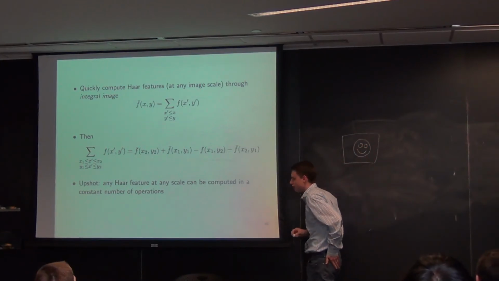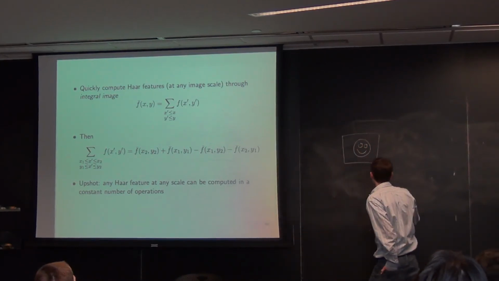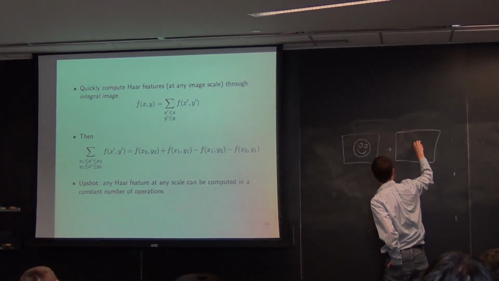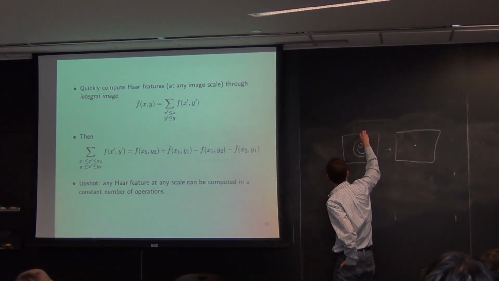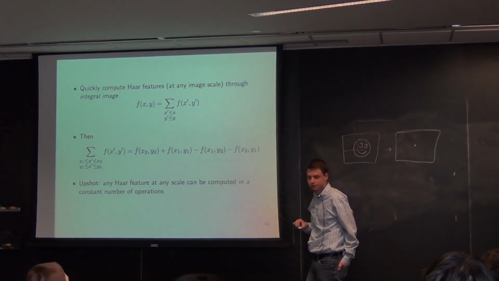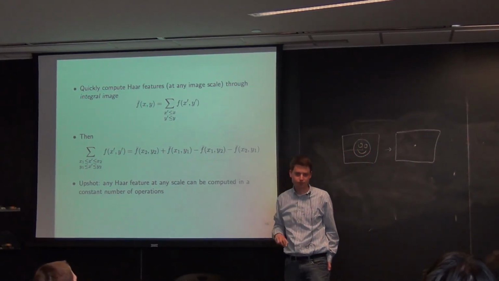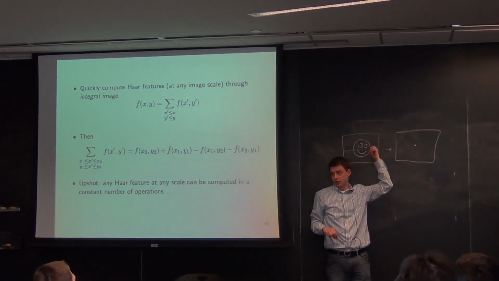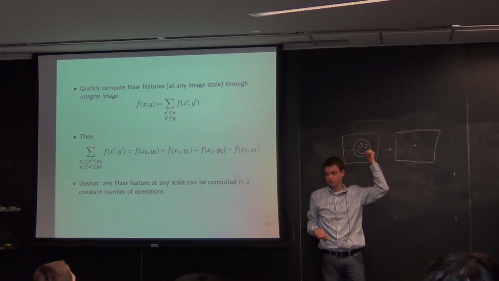But if you have an image there, and you form some new image here, where this point in the image is the sum of all these points. Just the sum. This is called an integral image because it's sort of integrating the image as you go forward.